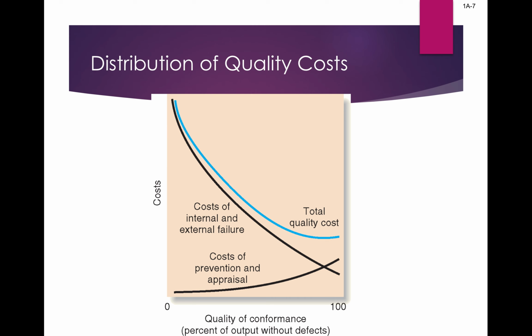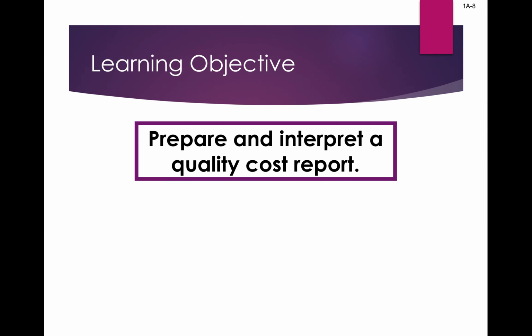But we may say, well, okay, we still want to spend money on prevention and appraisal, even if $1 spent on prevention and appraisal might bring back less than $1 on internal and/or external failure costs, because we're working towards 0 defects.